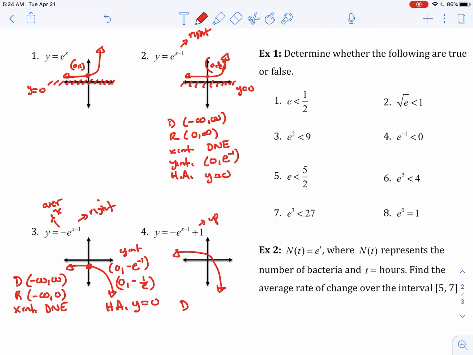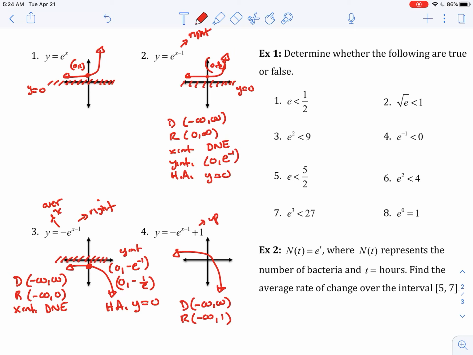And our domain is still negative infinity to infinity, but our range now has shifted from negative infinity up to that +1.